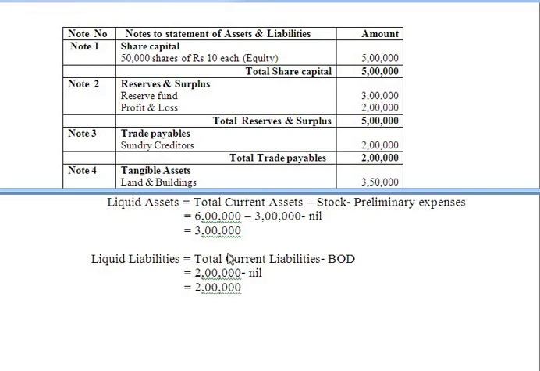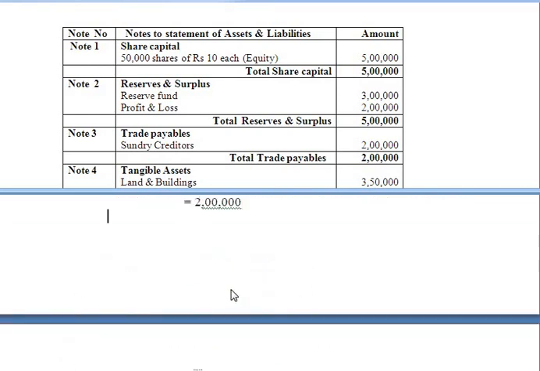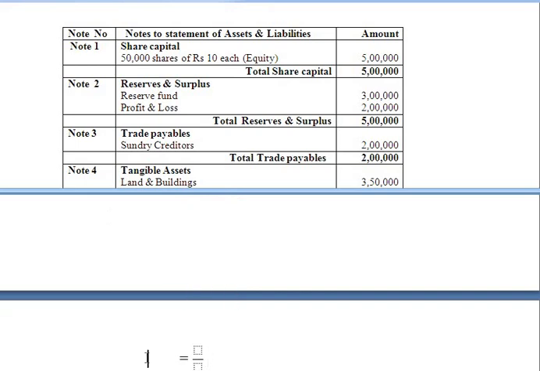Now next we got both the values, liquid assets as well as liquid liabilities. Now put both the values into the formula. Next line write, therefore liquid ratio is equal to liquid assets divided by liquid liabilities.